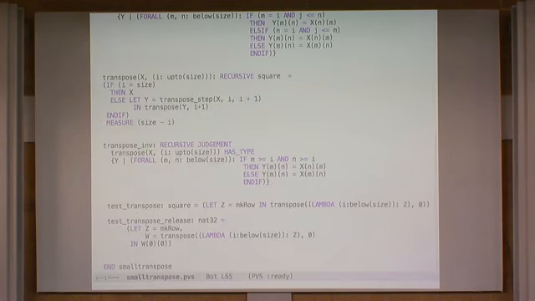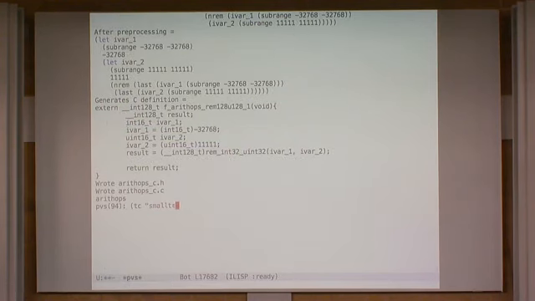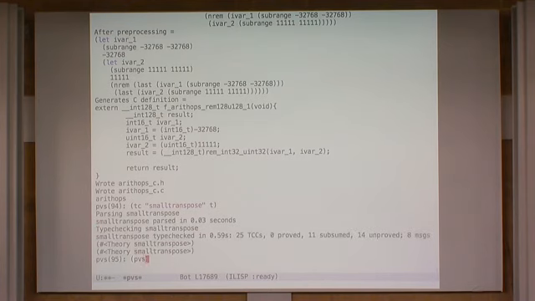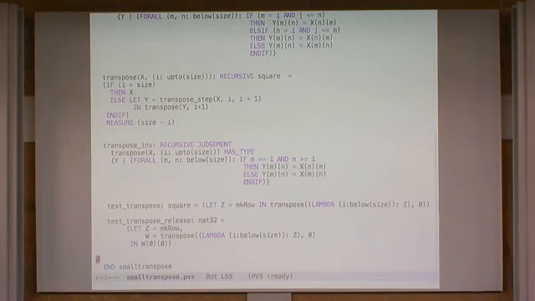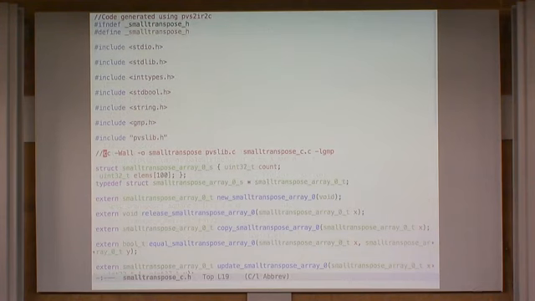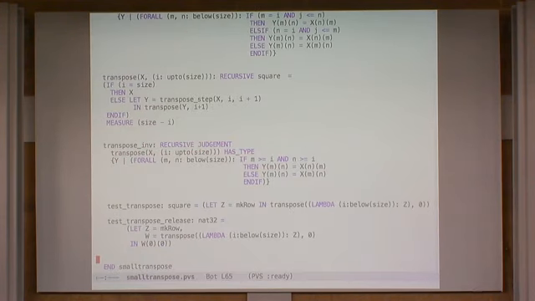So small transpose. As I said, it's a matrix transpose thing. So again, I go there. I say DC small transpose. Pick up my little cheat sheet and add the main to it.